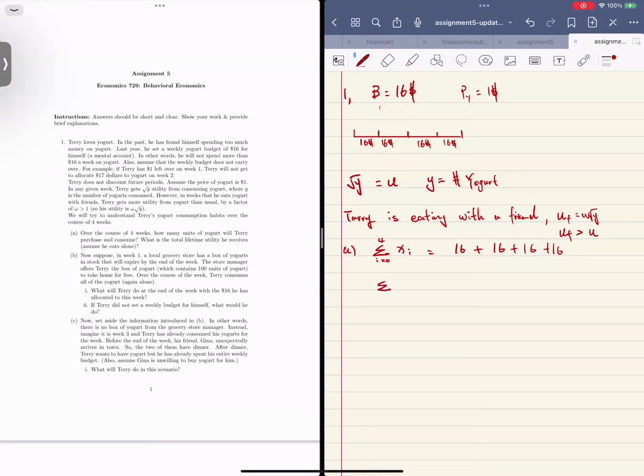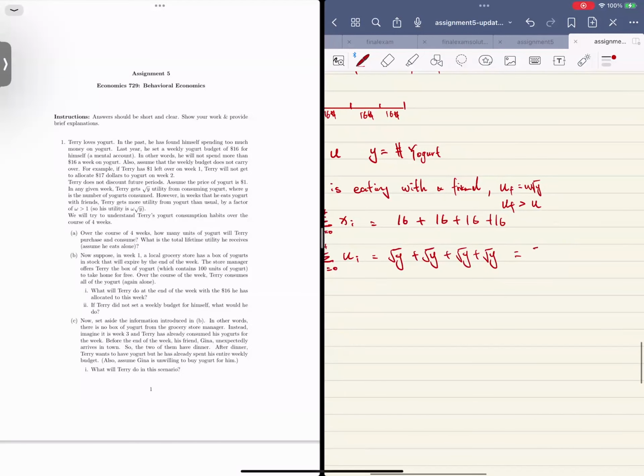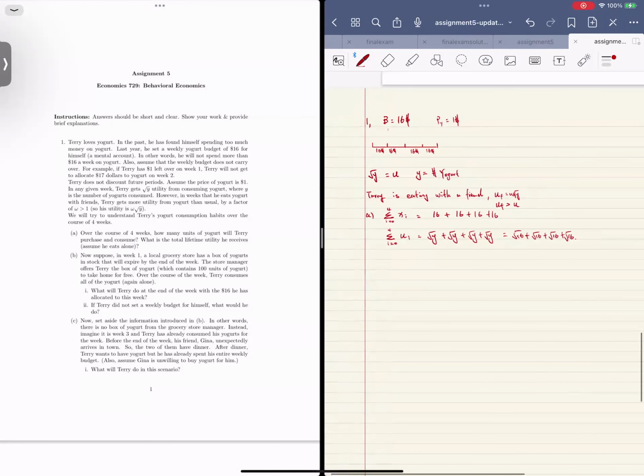That will be the sum of utility, which equals the square root of Y plus square root of Y plus square root of Y plus square root of Y, which is square root of 16 plus square root of 16, and so on. That's it.